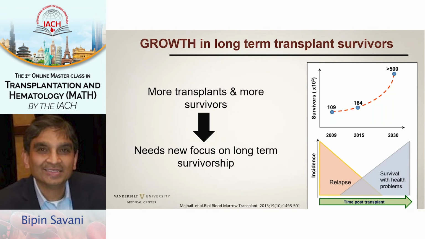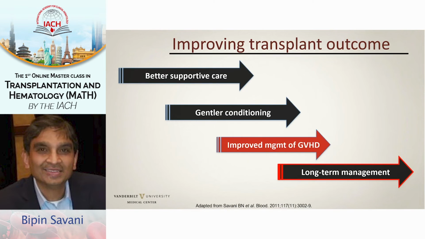Now, let me tell you, we don't see many cases like we reviewed here, but cumulative numbers will continue to rise because, as we all know, the number of long-term survivors is rapidly rising. I don't think I need to go into details on these slides. At the same time, transplant is getting safer and safer over time because we have better supportive care.